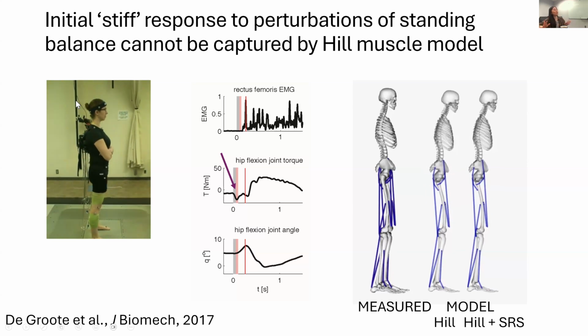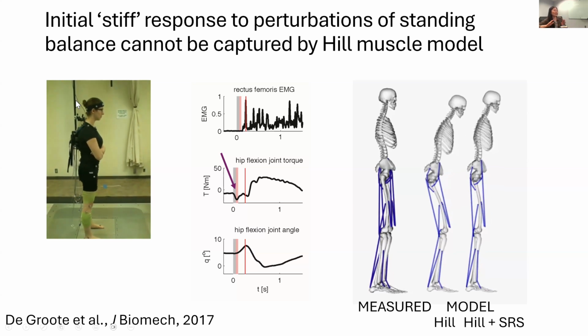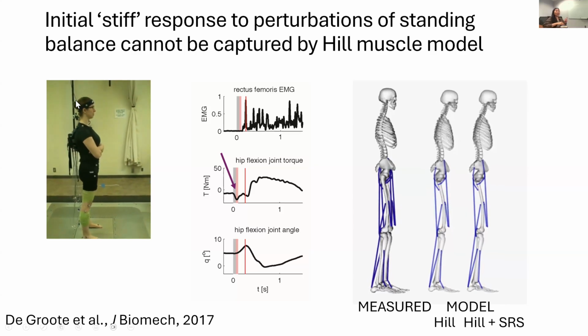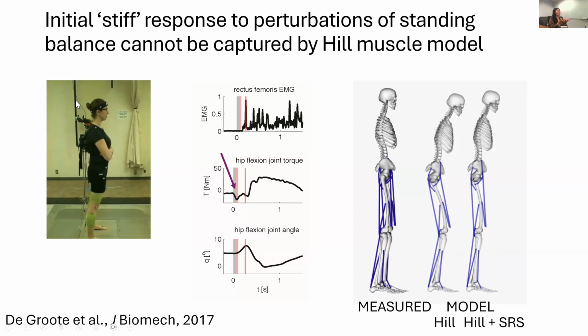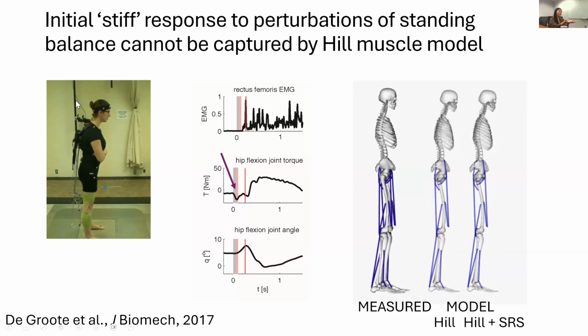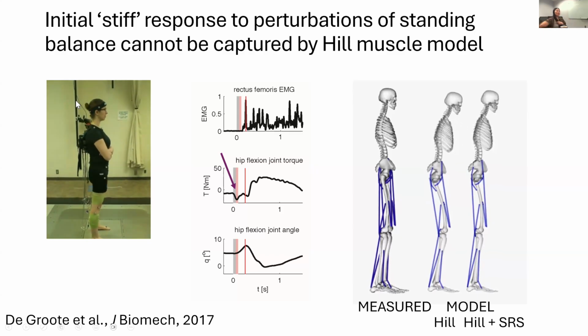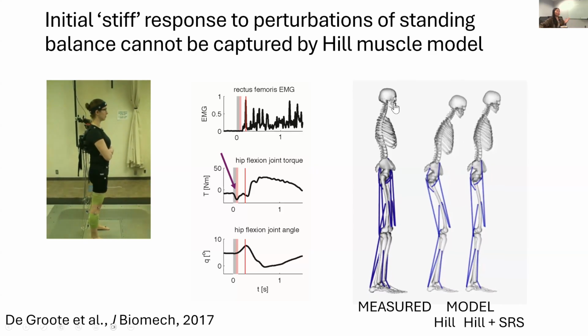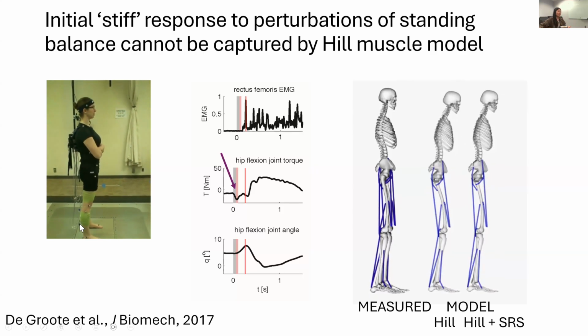But the problem with doing so was that it was not generalizable. When they tested the model against a different direction of perturbation, or perturbed the model by a different amplitude, the amount of short-range stiffness they needed to reproduce human data was different.